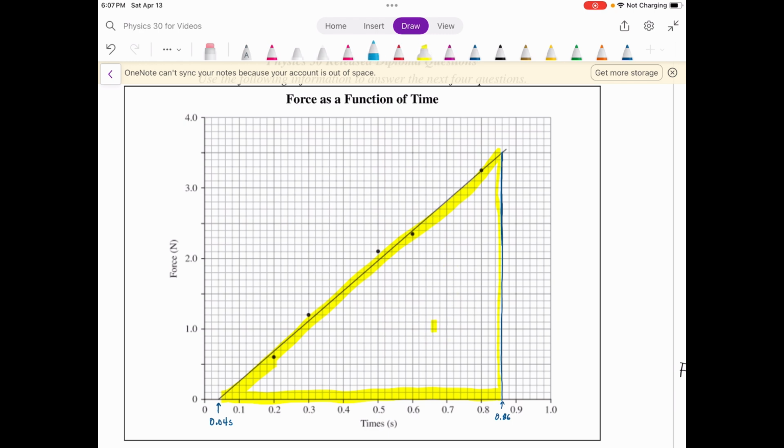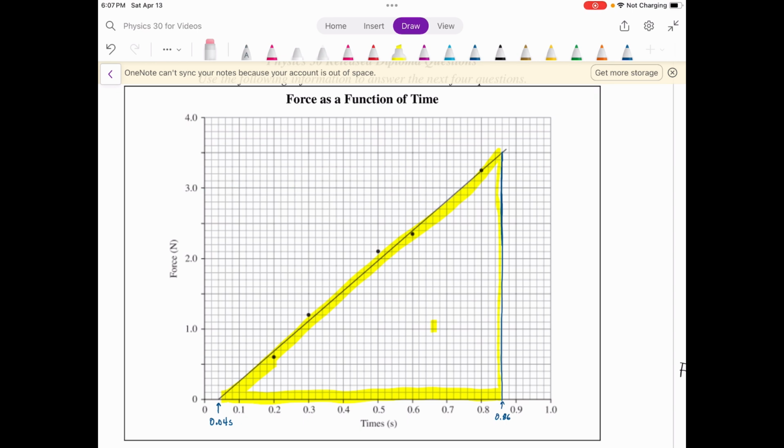Again, it kind of makes sense if we applied a constant force of 3 newtons for that amount of time, we'd have no problem saying the impulse would be 3 newtons times the amount of time that went by, right? But here, for most of it, we were actually pushing less than 3 newtons. We were actually pushing less hard.